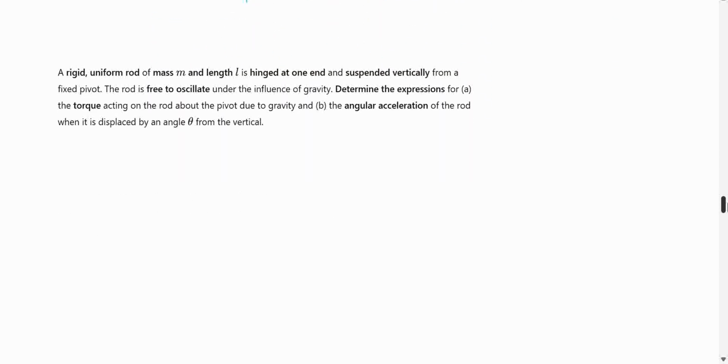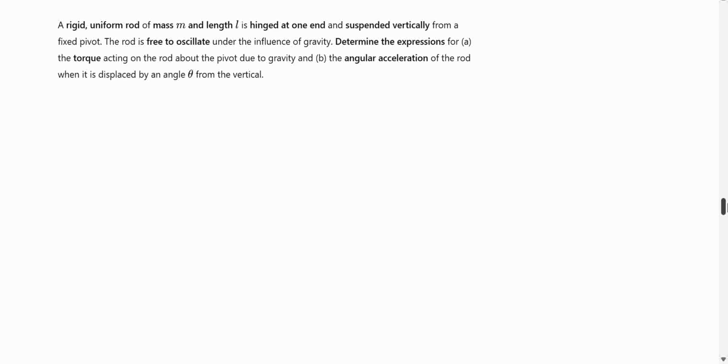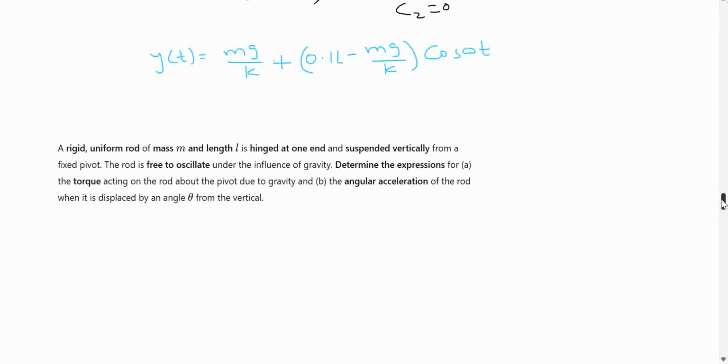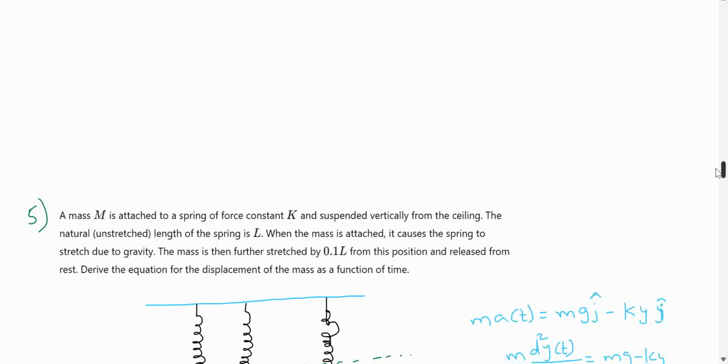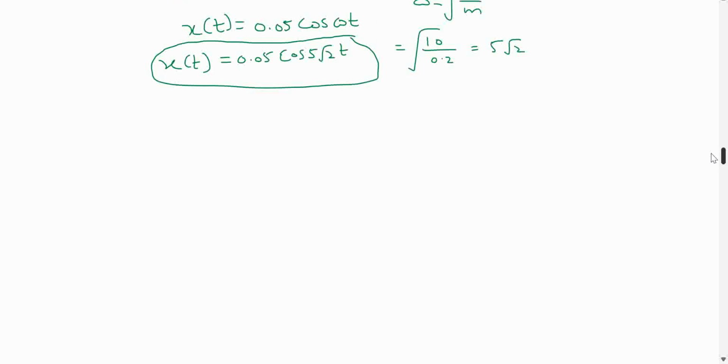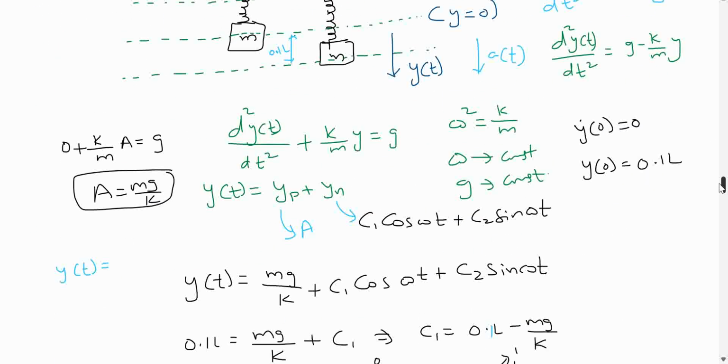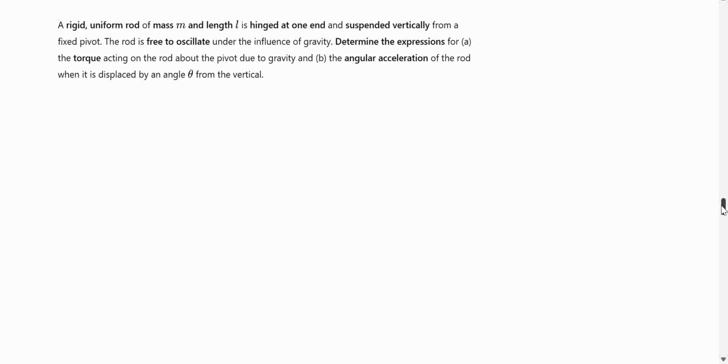Now the next question is the seventh question. Is it seventh or what? Okay, we have solved fourth, fifth, and now the sixth question. A rigid uniform rod of mass m and length L is hinged at one end and suspended vertically from a fixed pivot.